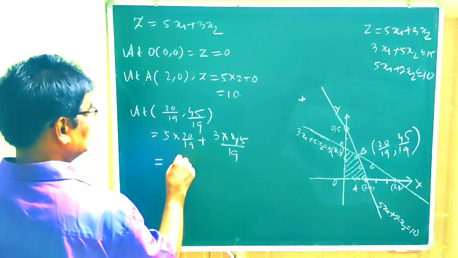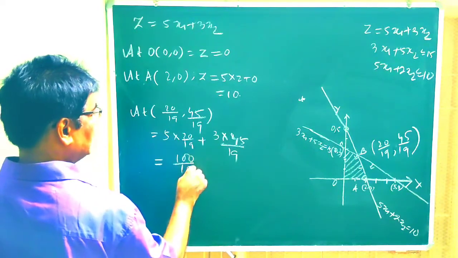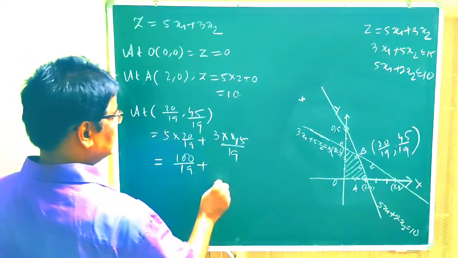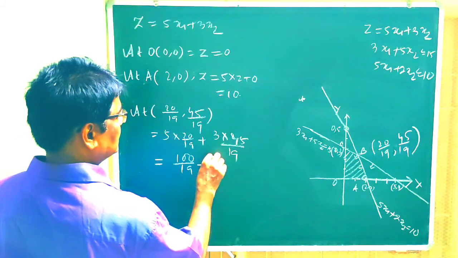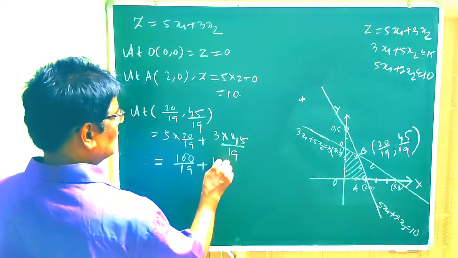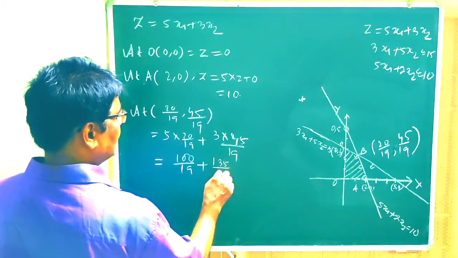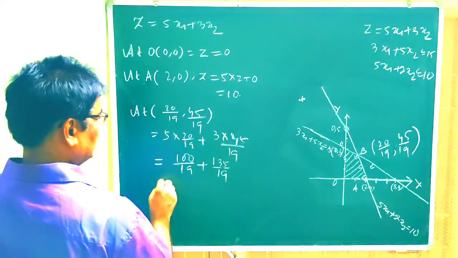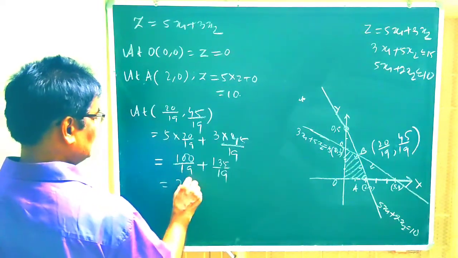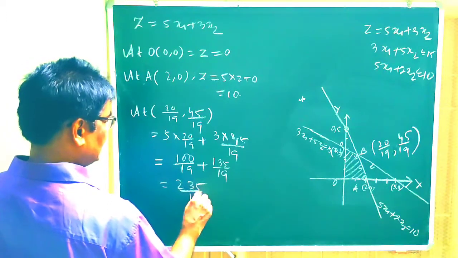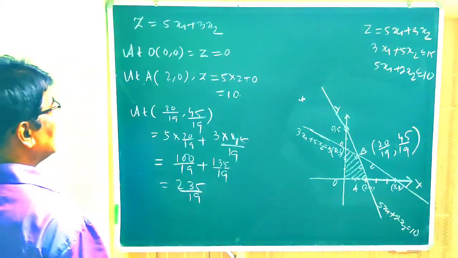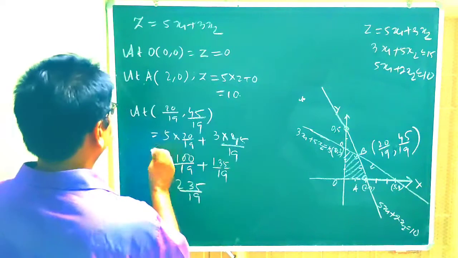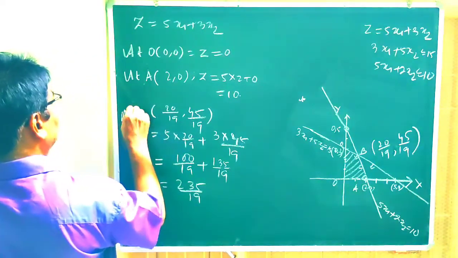So this is 100 by 19 plus 135 by 19. So this is 235 by 19 at the point B.